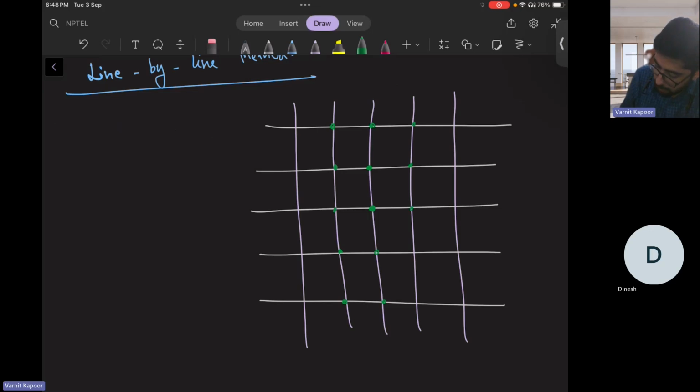These are the nodes. So your cells will be somewhat like this. These are your control volumes.